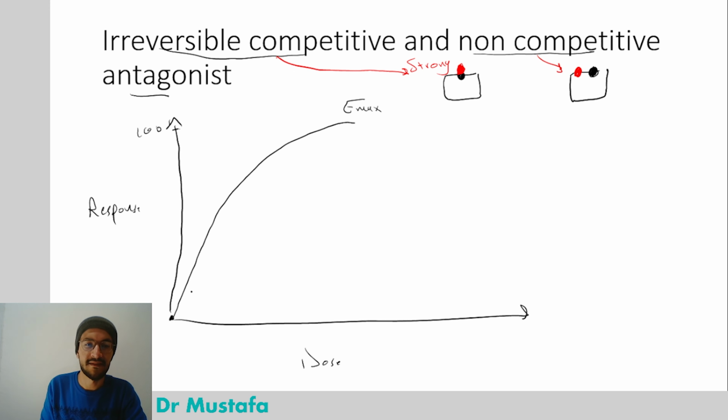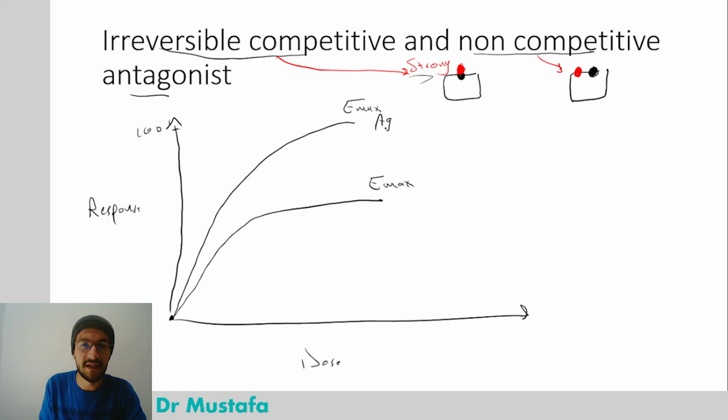And it looks like that. So we increase the dose, and it would be like that. We don't reach the 100 effect. The Emax would be less for the non-competitive, and the irreversible competitive would be less than the agonist alone.